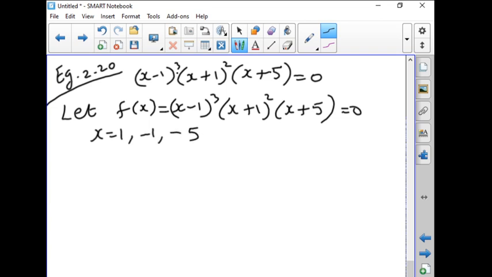Okay. So here it is asked to find the multiplicity. The definition of multiplicity is given in page number 65. Okay. So if f of x is equal to x minus a the whole power k into g of x, then k is called as what? Multiplicity.